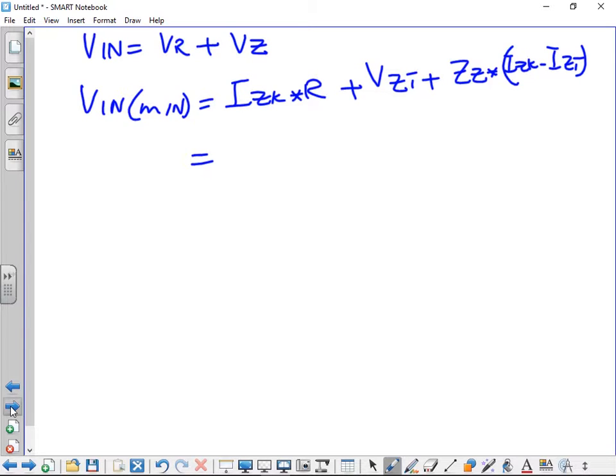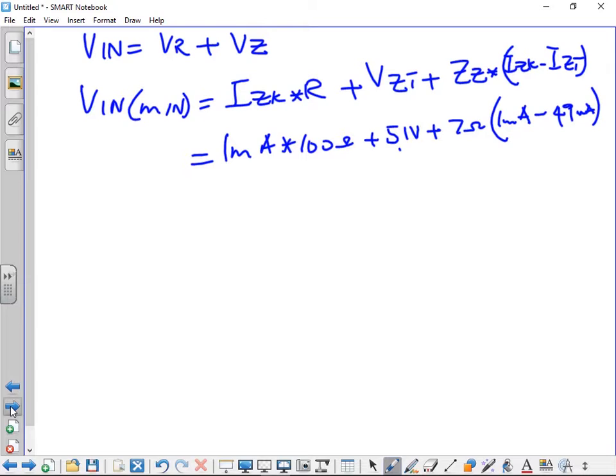Okay, so in this case, IZK is 1 milliampere times R is 100 ohms plus VZT is given as 5,1 volts plus 7 ohms into 1 milliampere minus 49 milliamperes.